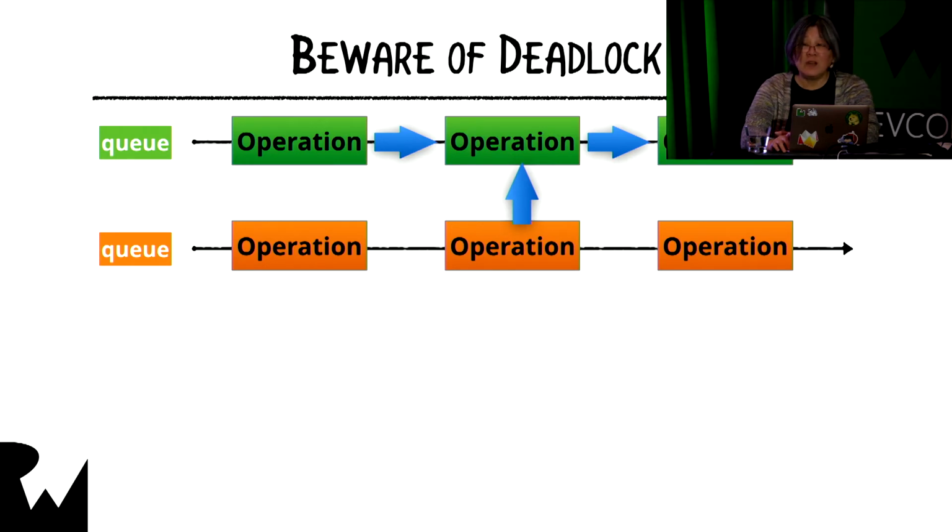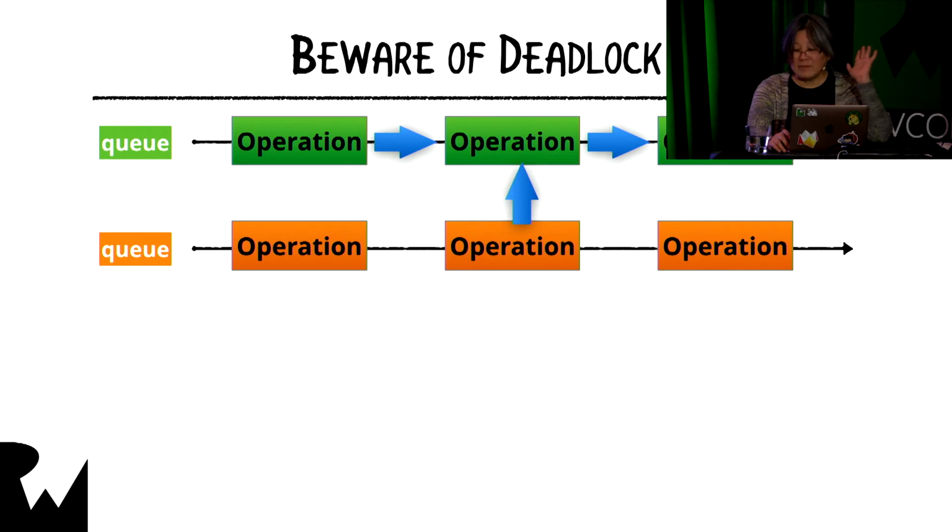Now, it's perfectly valid to have an operation in one queue depending on an operation in another queue. And that makes it harder to spot cycles. You just have to draw the pictures. So, for example, here we have the top operation queue. You've got a nice sequence of dependencies, but the middle operation also depends on the middle operation in the bottom queue.